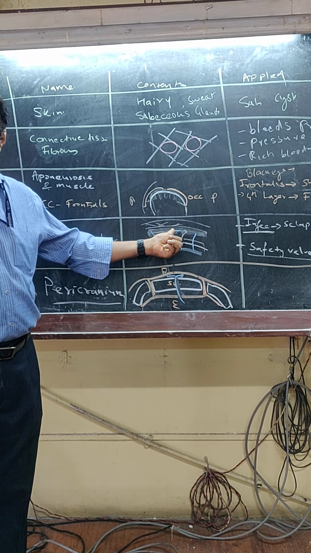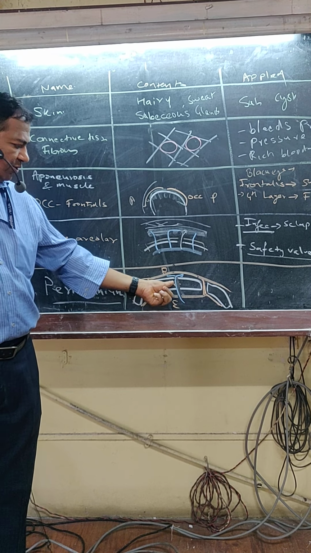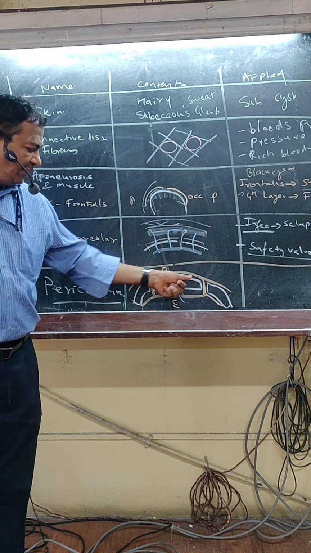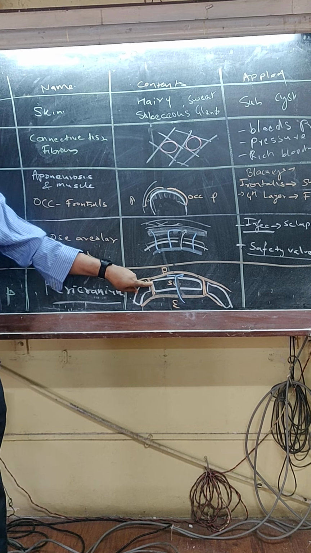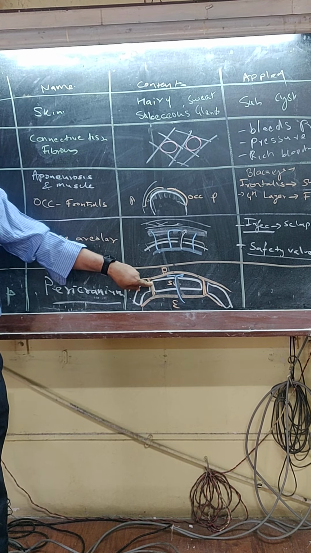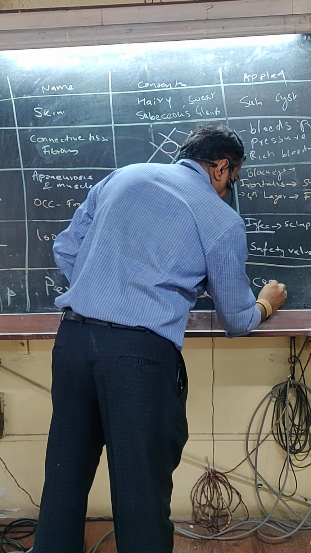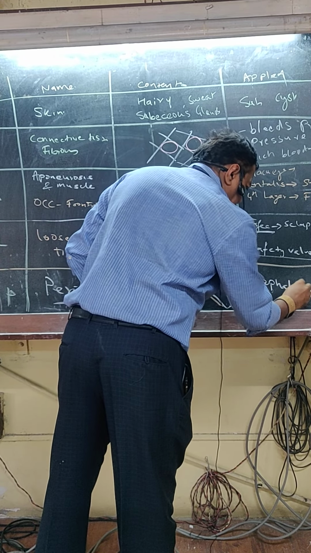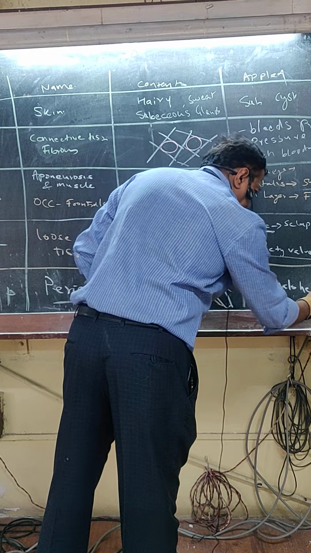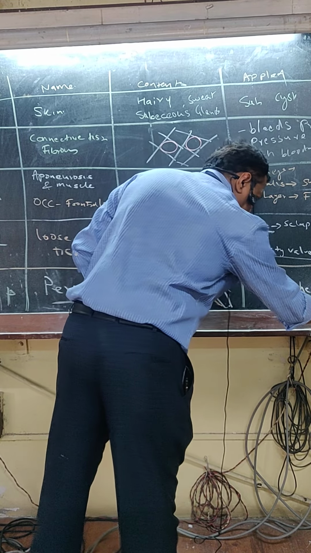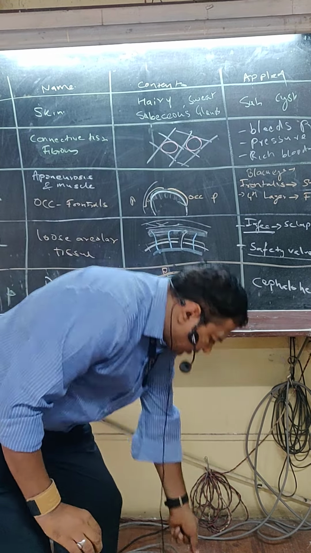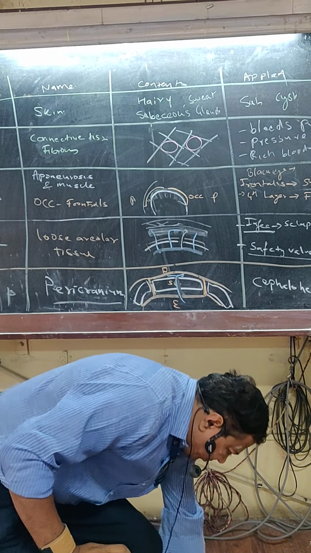So blood was going into the fourth layer. Here the fifth layer is not torn, so blood accumulates between the pericranium and the skull. This is called cephalohematoma.